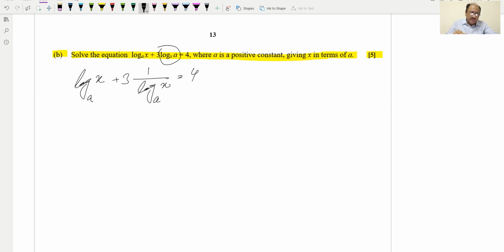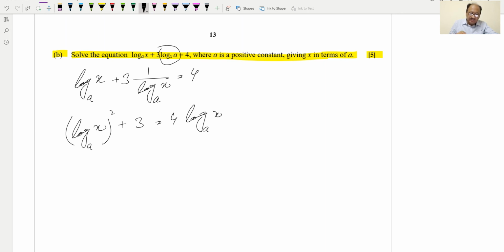Now we can multiply this whole equation by this denominator, and we will get log of ax square plus 3 is equal to 4 log of ax.